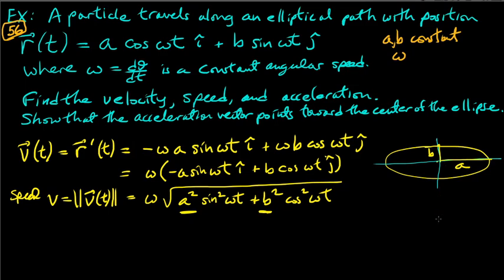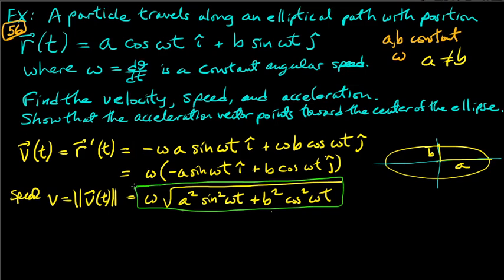Because it's an ellipse, A and B are not equal here, or at least that's the assumption. So unfortunately, this is the best we can do here for the speed. There's no way that I know of that we can simplify this. So this is the speed, and this is the velocity. And now we just need the acceleration.